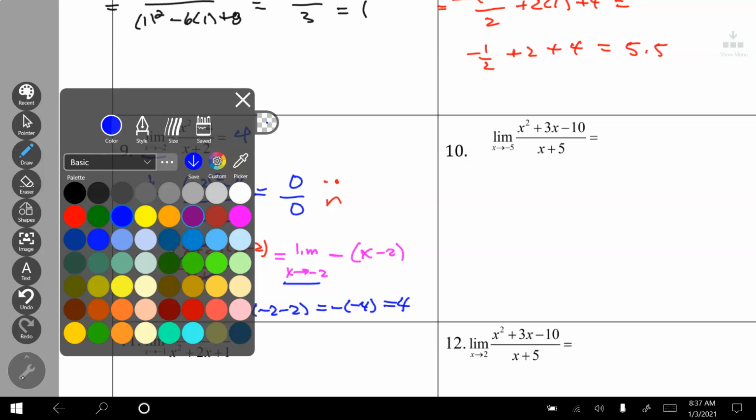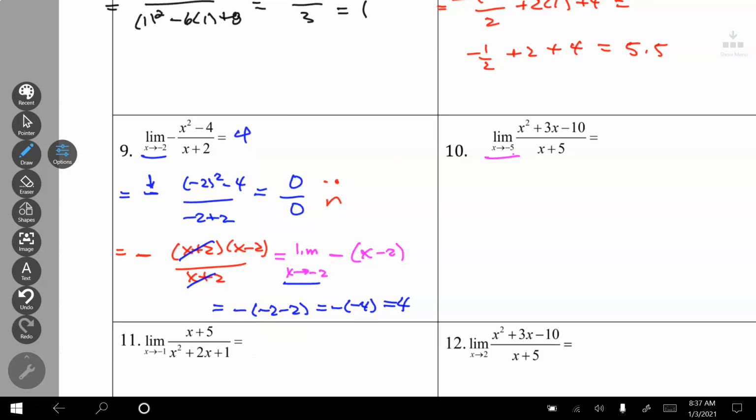I'm going to plug in negative 5. Negative 5 squared plus 3 times negative 5 minus 10, over negative 5 plus 5. I do get 0 over 0.